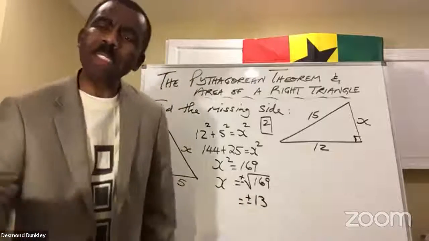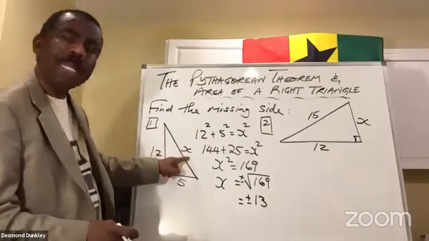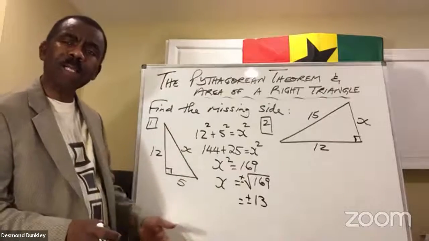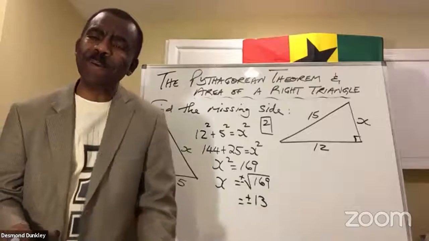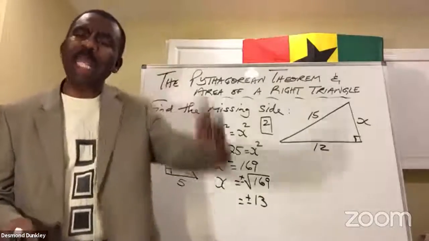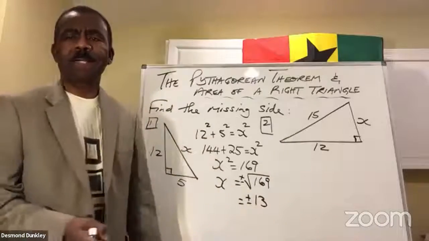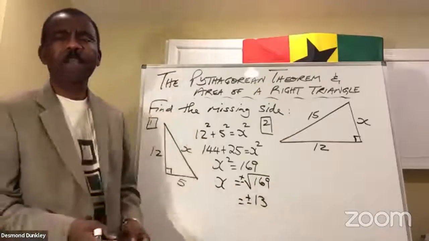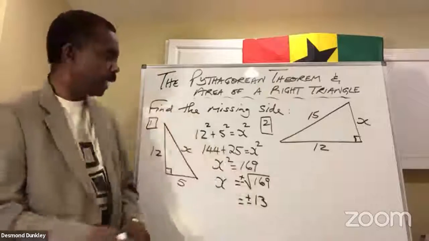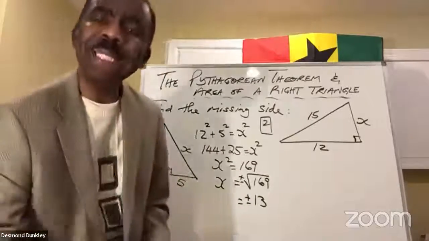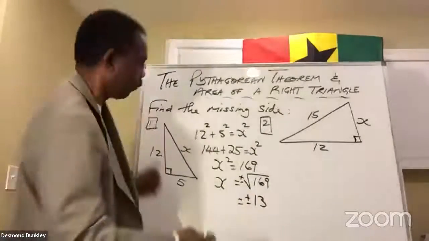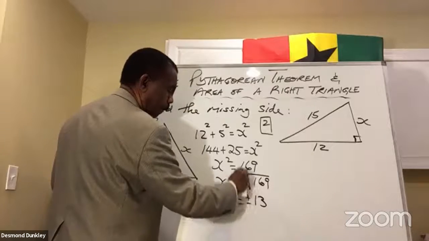But right away, you're going to say to me, wait a minute, the length of the side of a triangle cannot be a negative number. So therefore, the negative solution is not practical. It's not useful, and therefore it's discarded. So the answer to this question is that we need only the positive root, okay?